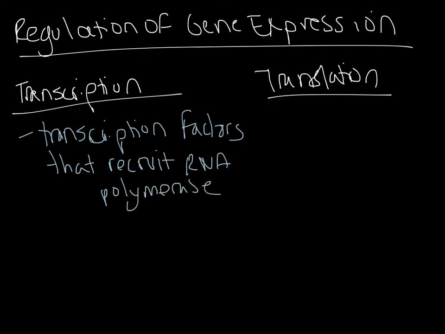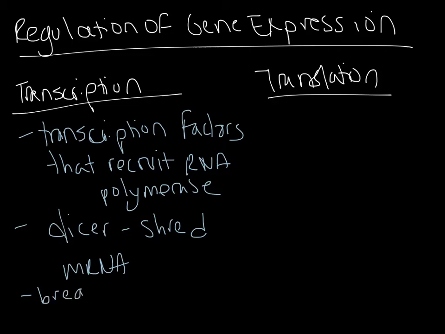You also have an enzyme called dicer that will shred mRNA, which is a way to prevent expression. You also have enzymes that will break down mRNA. During translation, it goes in there too.